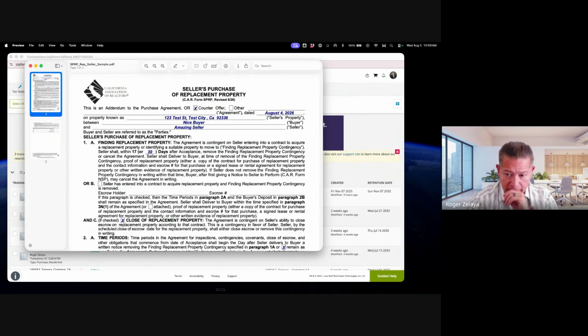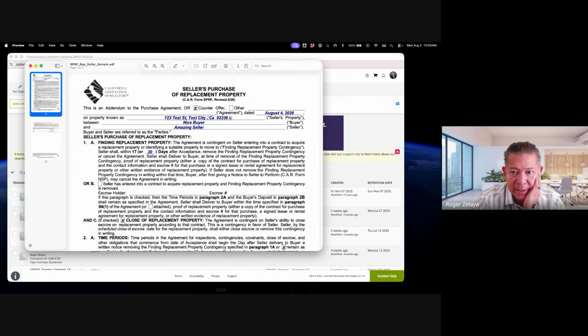Now, keep in mind that everything on this form is negotiable, right? So when I'm saying you should have it this way because you're representing the seller, doesn't necessarily mean that the buyer is going to accept those terms. But we certainly want to put forward the best terms available for our seller because we're representing the seller, right?